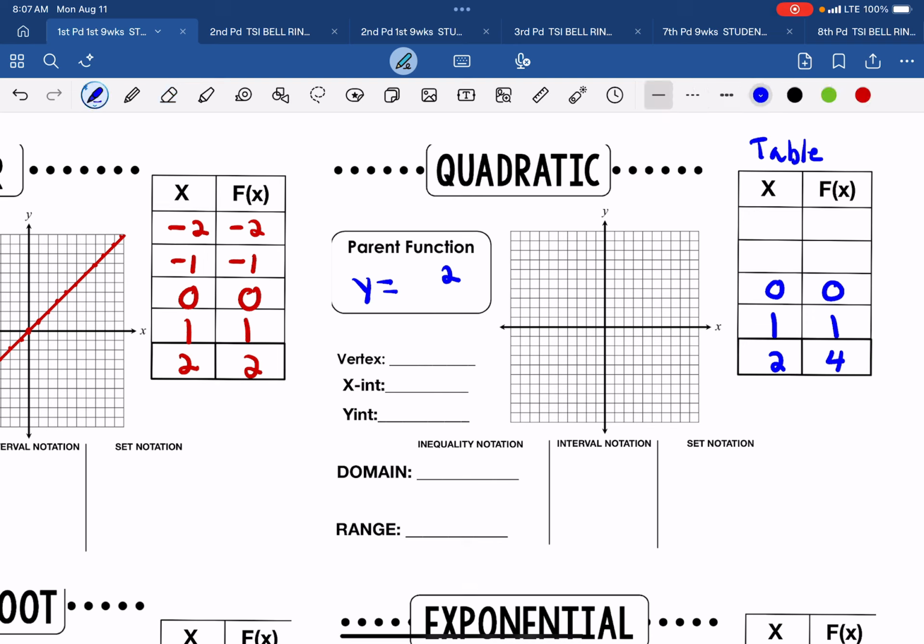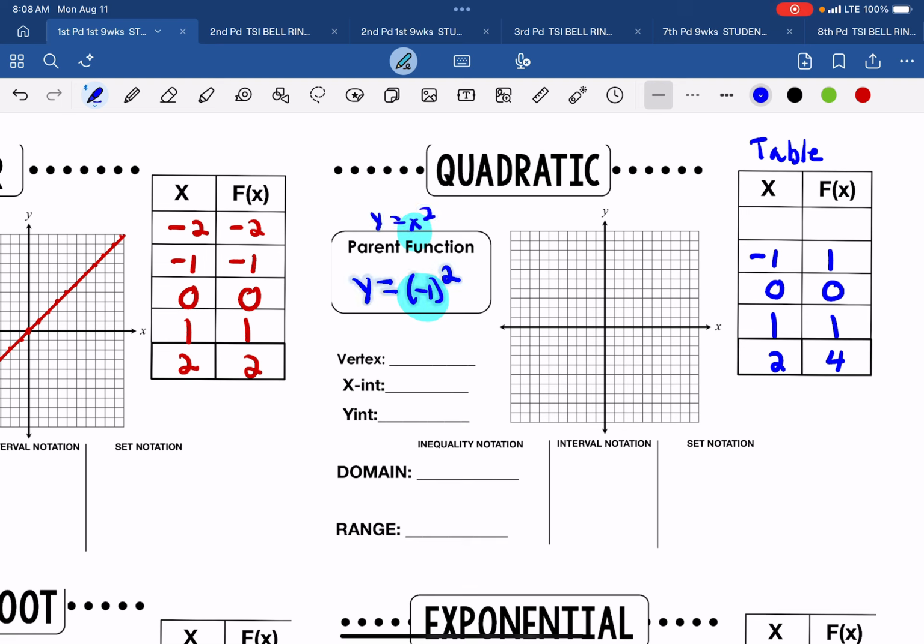Next, well, let's go backwards. Negative 1. What if x is negative 1? I'm going to replace x with a negative 1. Because our parent function was y is equal to x squared. If you're wondering why he is just putting numbers there, I am replacing the x with whatever number I want. Now, what's negative 1 squared? I hope that you said 1. If you said negative 1, you are wrong.